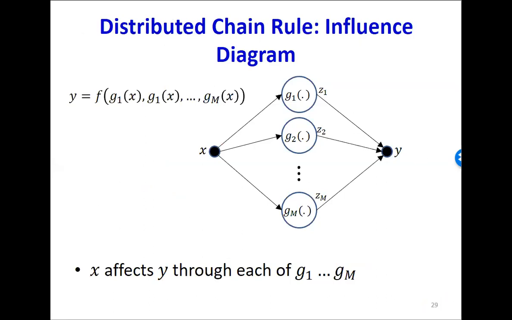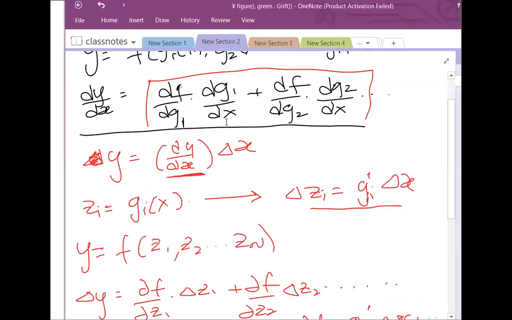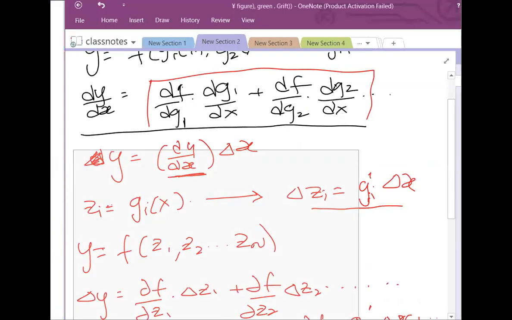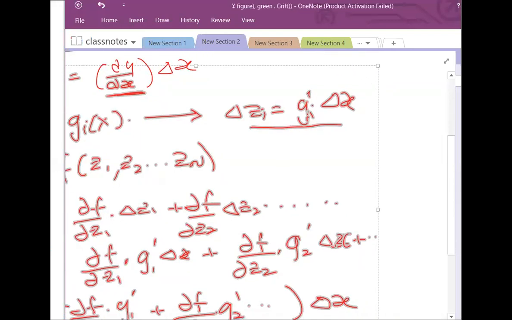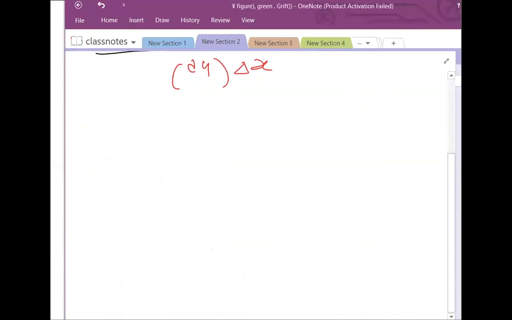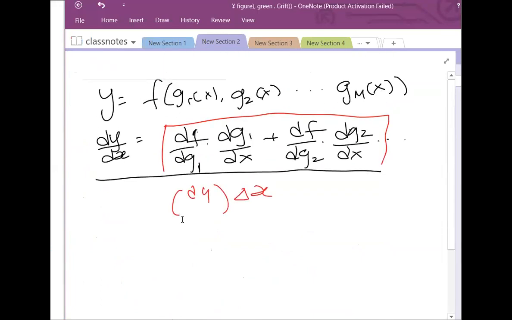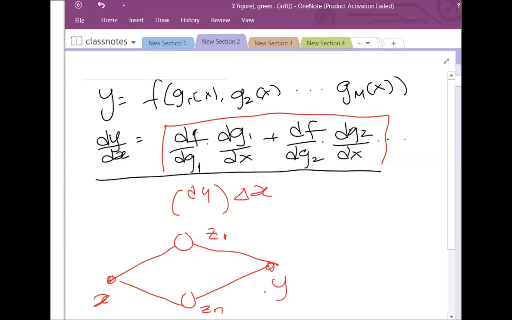We're going to begin drawing what I call influence diagrams. So look at this formula here. The way I can write it is this way. I have my x, and x influences z1 through zn. And each of these in turn influence y.